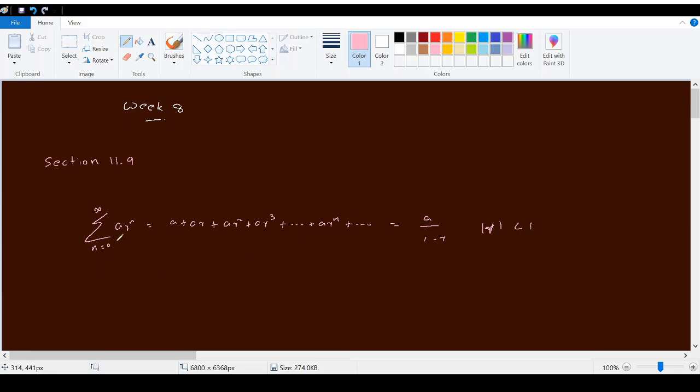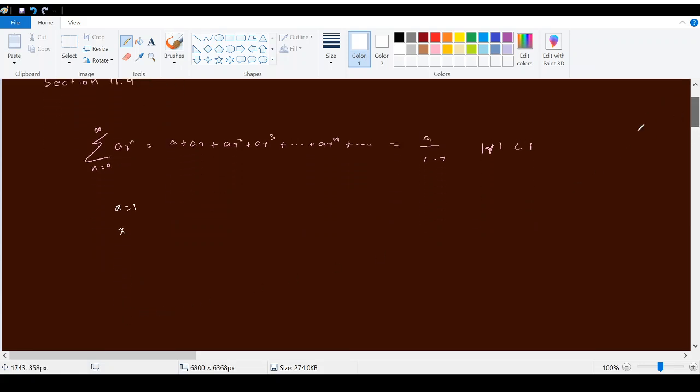Now let's replace a with 1, and let's rewrite r with the simple variable x, right?